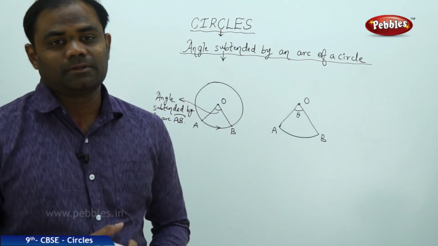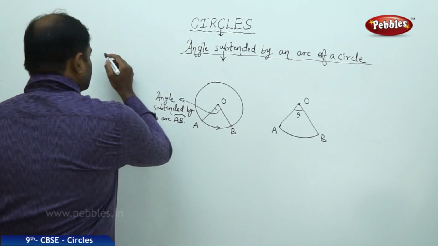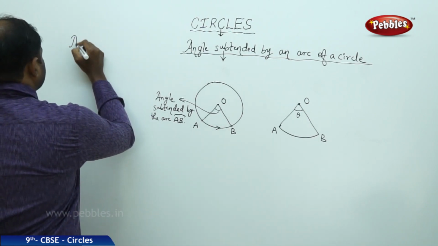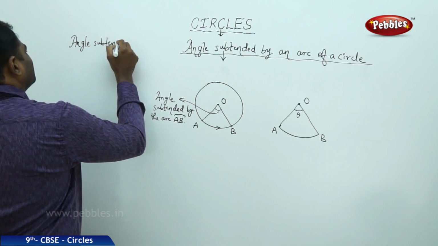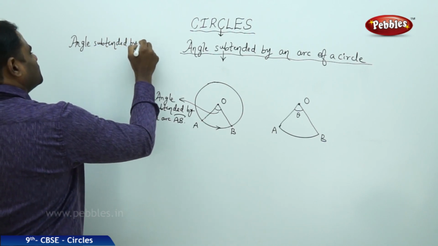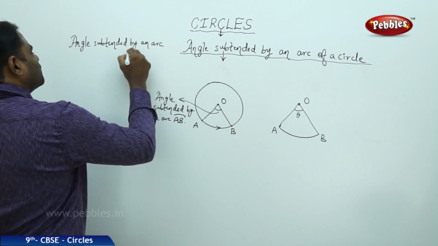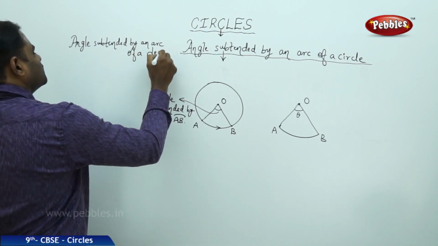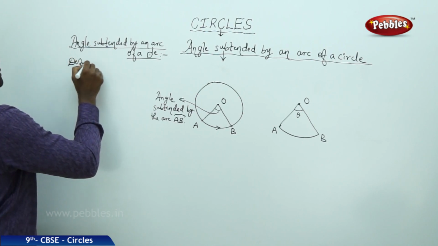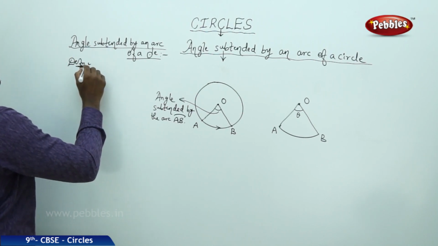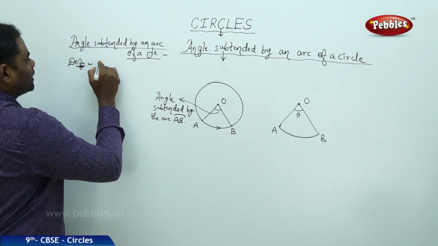So here I have the definition of angle subtended by an arc of a circle.